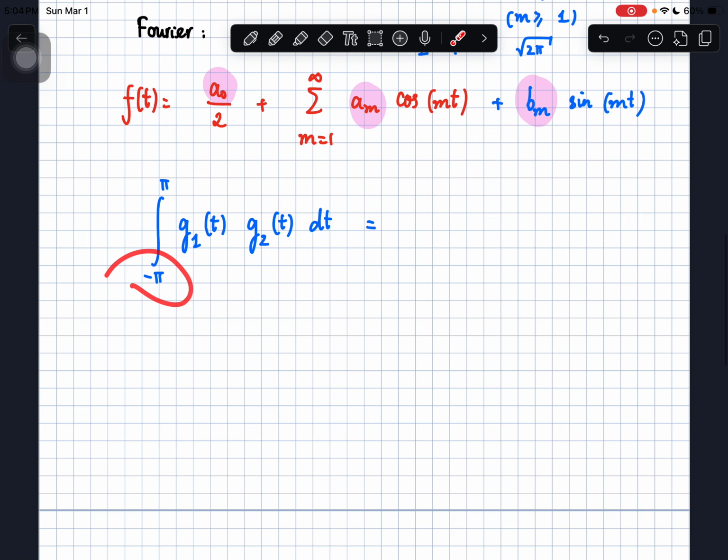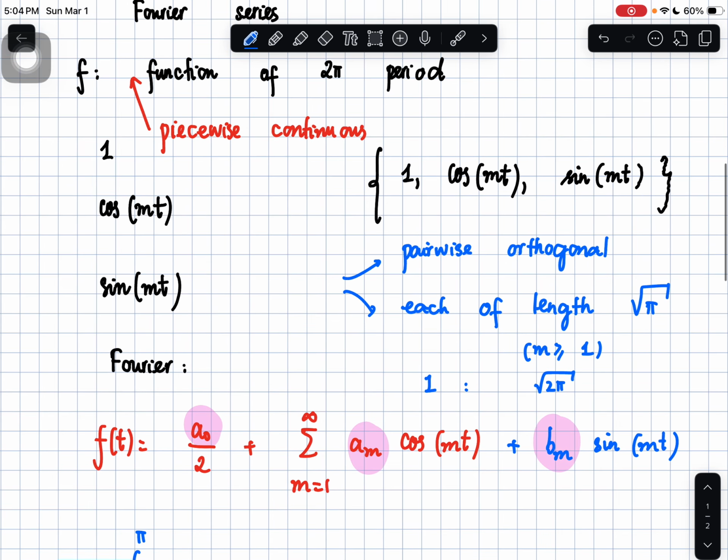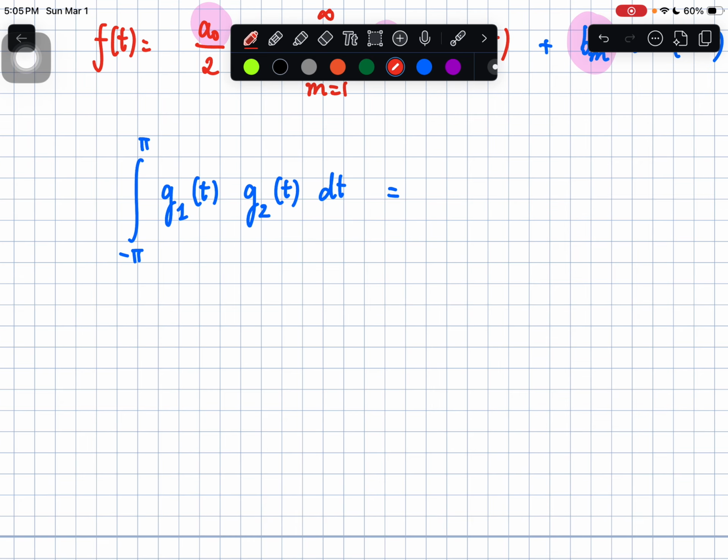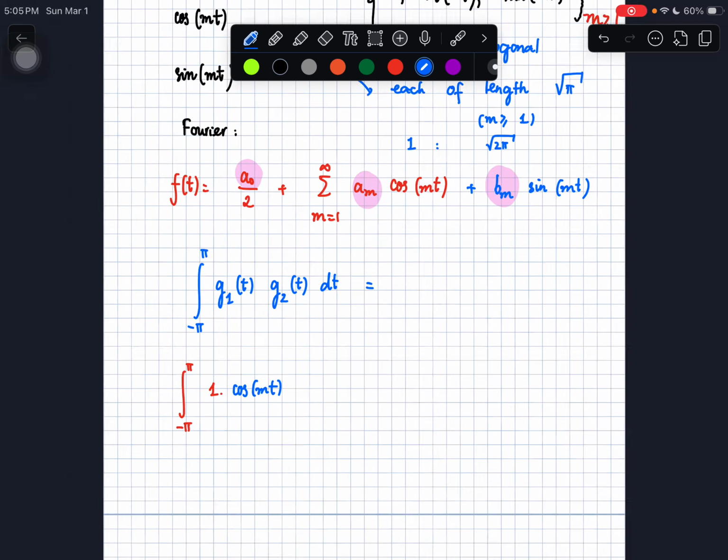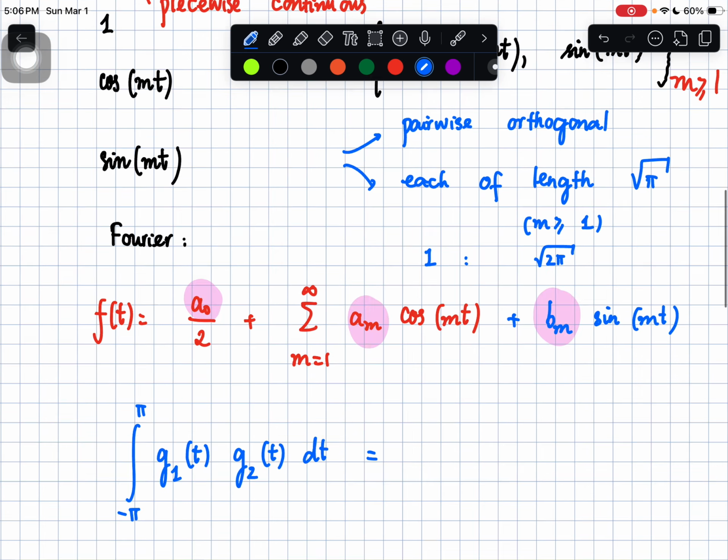If I take the product between 1 and cosine of mt, for any m greater than or equal to 1, the integral dt will be 0. You can do the computation to verify that.